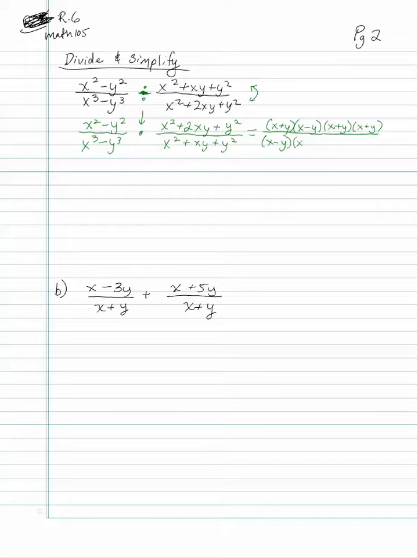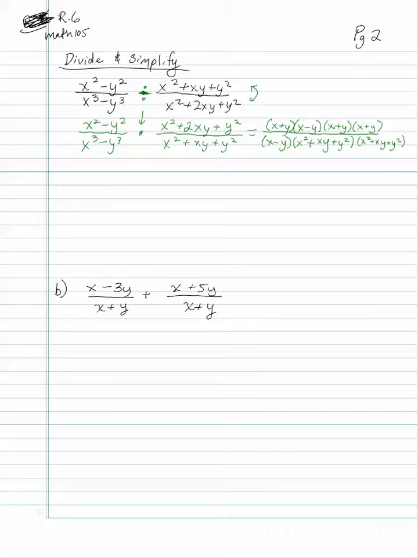We square the first term. Multiply them together. So let's see, that's xy, change the sign, plus y squared. Then we got x squared plus xy plus y squared.